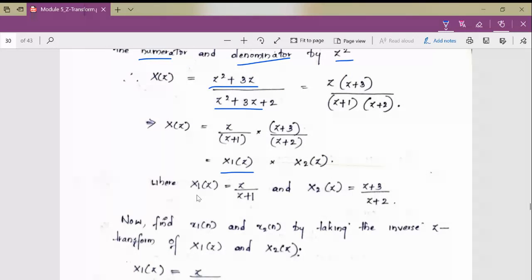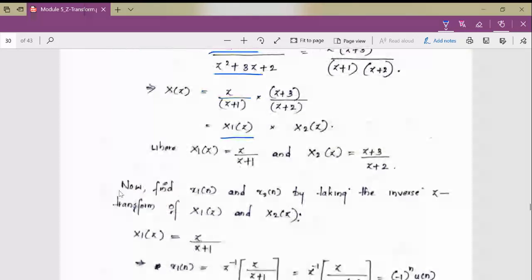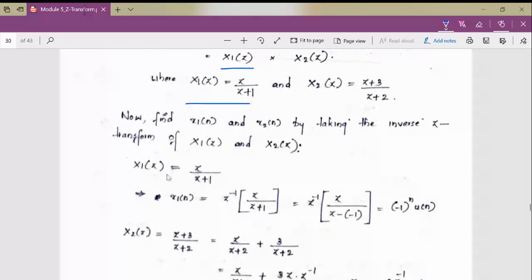So what was the next step? We have to find X1 of n and X2 of n by taking inverse Z transform of X1 of z and X2 of z respectively. We first take the first term, X1 of z, which is z by z plus 1. When we take its inverse we get X1 of n.